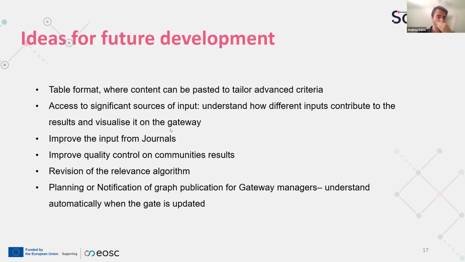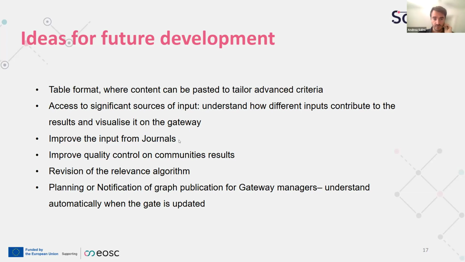And then also it would be useful to understand directly, maybe in the gateway, how the different choices impact the gateway. I don't know if it would be possible, but I know that you can explore and get this information.